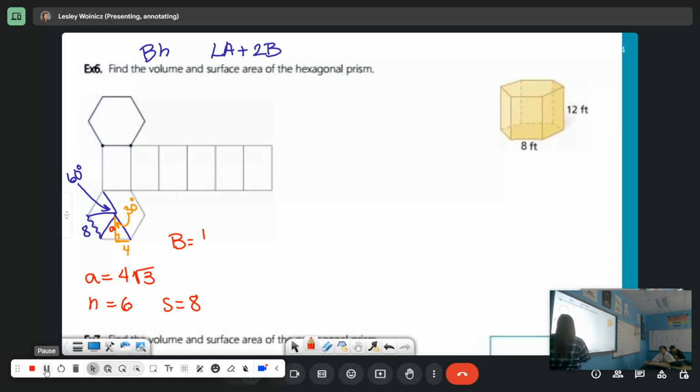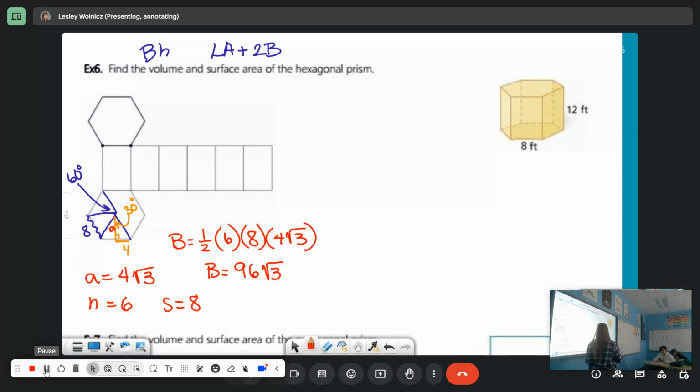So we're going to have 6 congruent triangles, and each of them is 1/2 times the base, which is the side length, 8, times the height, which is the apothem, 4√3. Okay, so we're going to get a lot of mileage out of this. Can we simplify this? 96√3. Okay, that's going to be our big B.